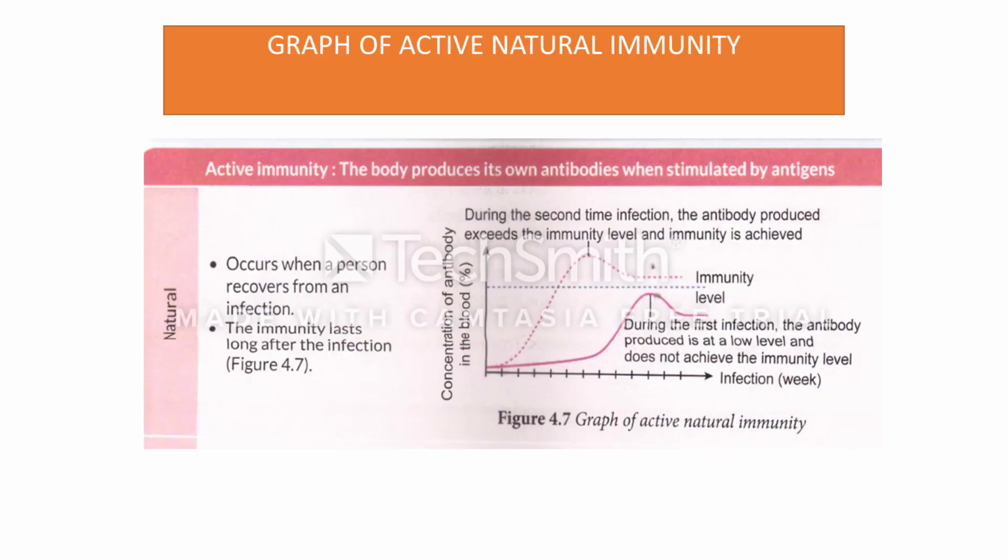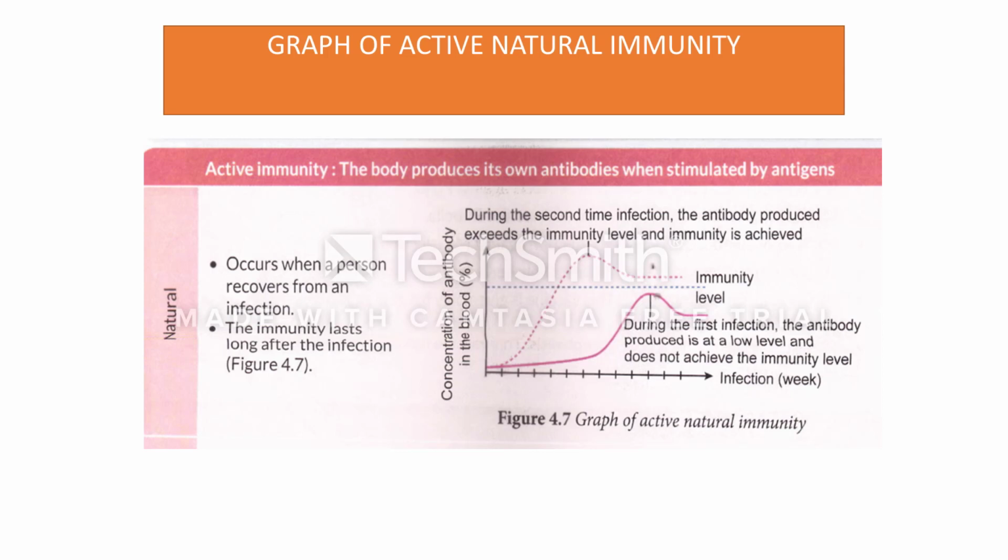Now we proceed with the immunity graph. This graph is for active natural immunity. The vertical axis, known as the y-axis, represents the concentration of antibody, while the horizontal axis, or x-axis, is for time. The dotted line is for the immunity level.